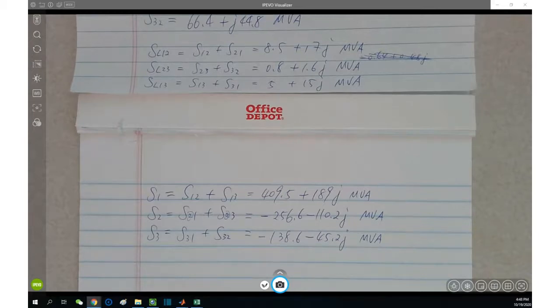The bus voltages are quite tricky. That's fine, but roughly it should be like this. These are the line losses and bus power.